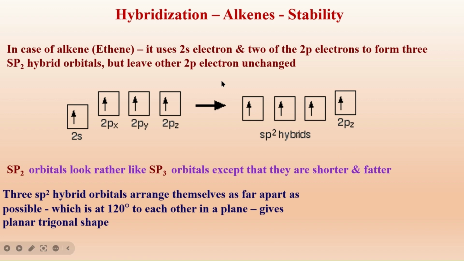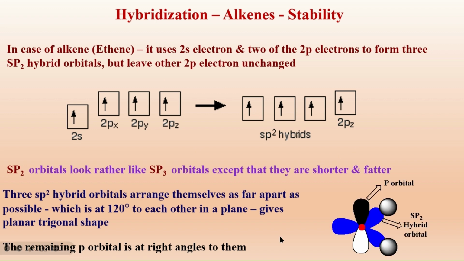These three sp2 hybrid orbitals which are formed lie in the same plane. And the pz orbital lies at 90 degrees, or at right angles, to the sp2 hybrid orbitals. This can be represented as follows.